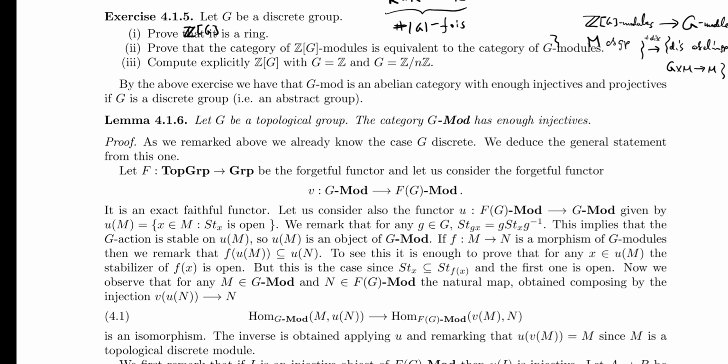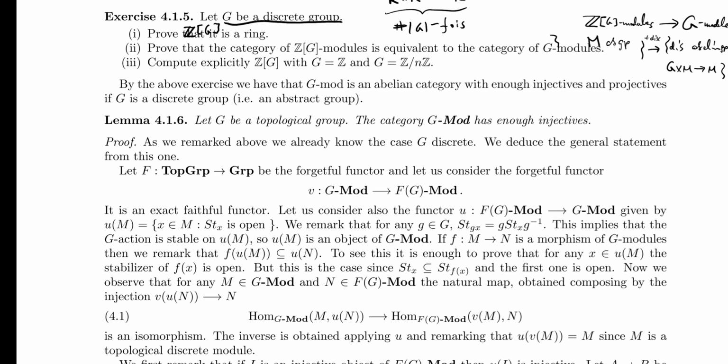The second question is, how do you come back? Let's just do it precisely. You see, the problem with continuity is not a problem because here G has the discrete topology, so nothing to worry about here.